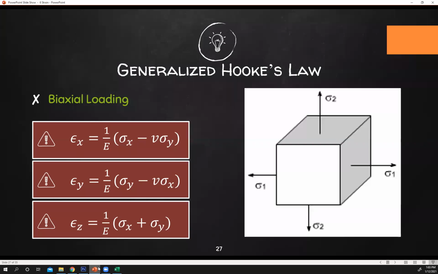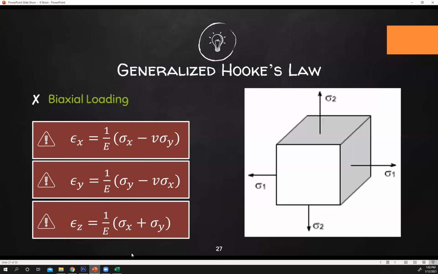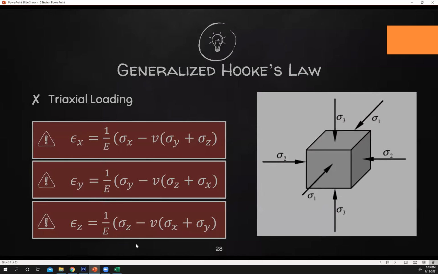Remember in our analysis, two forces will create a strain along one direction. So here, force along the transverse axis and force along the longitudinal axis will create a strain along a certain direction. Remember, what we're looking for is change in diameter.